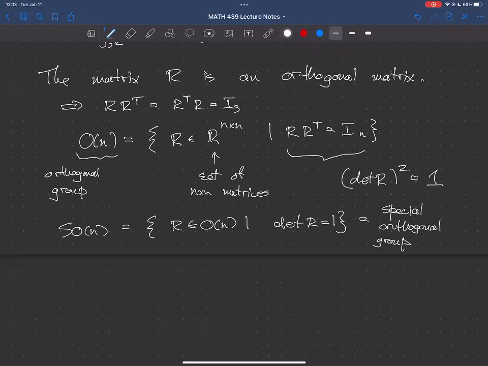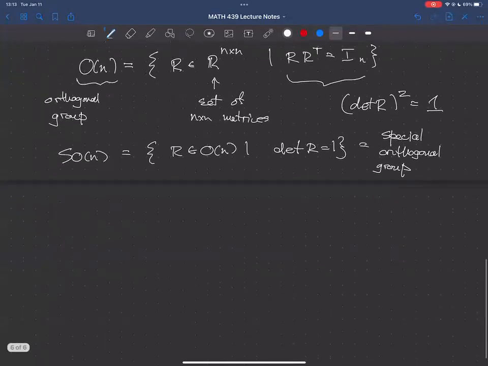And again, this is a group. So ON is a group, and SON is a subgroup of ON, because if you take two matrices with determinant 1 and multiply them together, you still get a matrix with determinant 1. So SON is a subgroup.